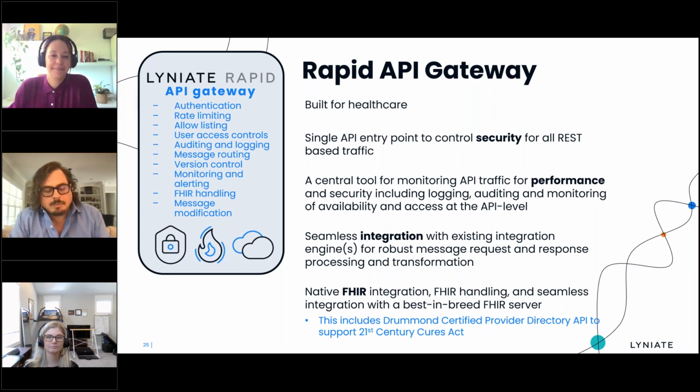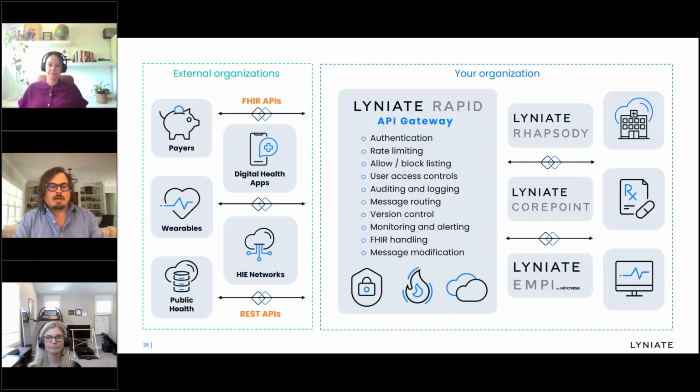Yeah, so really the API gateway is meant as that front door. When you're exposing APIs, you have the actual systems that publish them, that create those endpoints, and then you have systems that want to be able to call those.